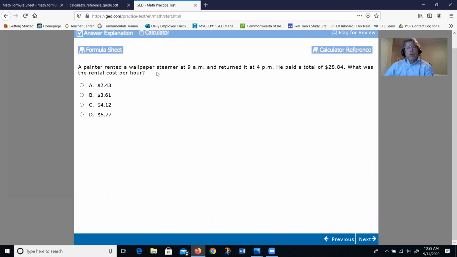So when we work in math, a lot of things we want to focus on is the unknown. So what we look for sometimes is what's called the unknown. What are we looking for? That's usually the last part of the question.